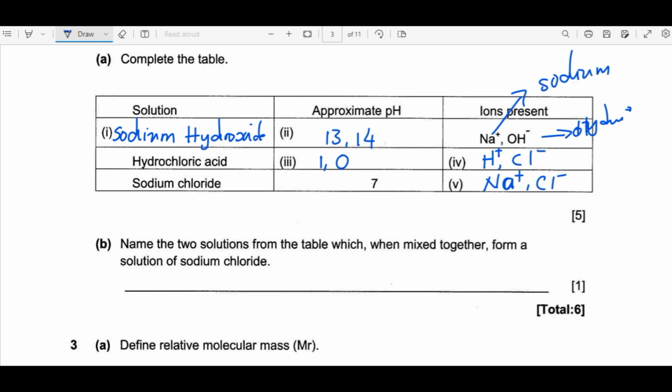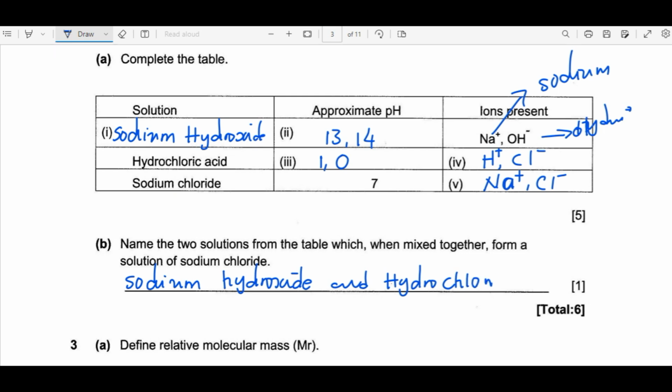B, name the two solutions from the table which when mixed together form a solution of sodium chloride. For us to have sodium chloride, we need to react sodium hydroxide with hydrochloric acid. So two solutions. The first one is sodium hydroxide and hydrochloric acid.